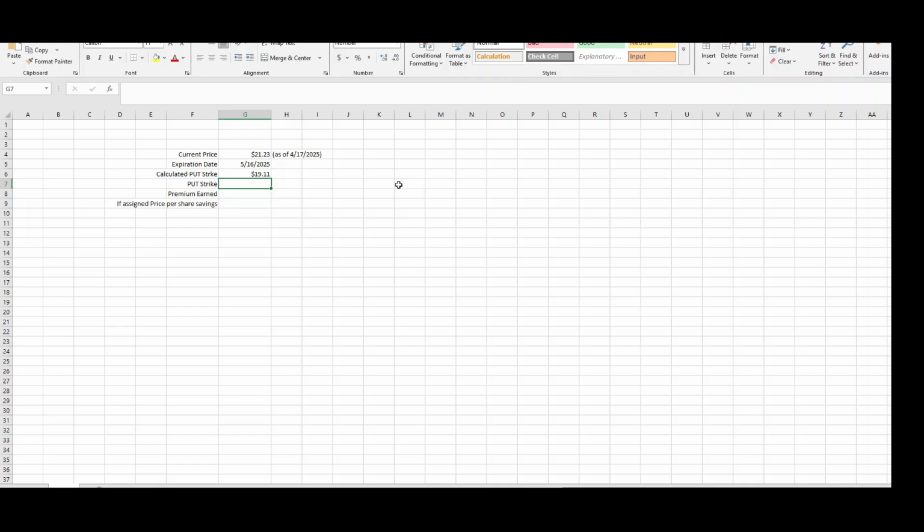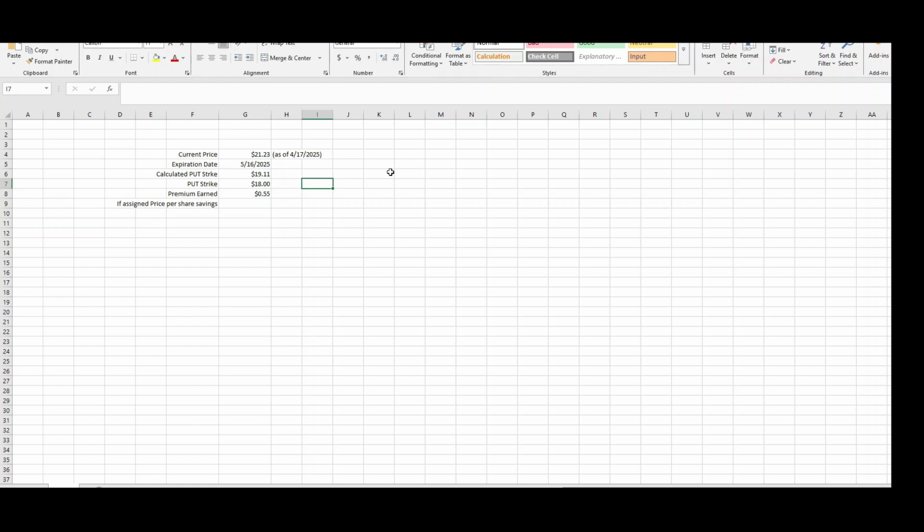So we've got a put strike, and we're selecting that $18 put strike. And the premium that we're going to earn, we will earn 55 cents per share. And we're going to assume that we're only getting one contract, okay? So each one of these will be times 100, right? So our put strike being $18, how much money would we have to have in our account in order to be able to cover that put?